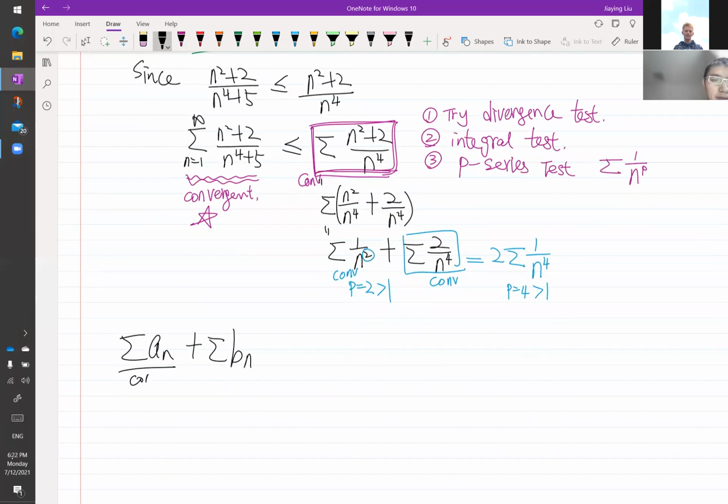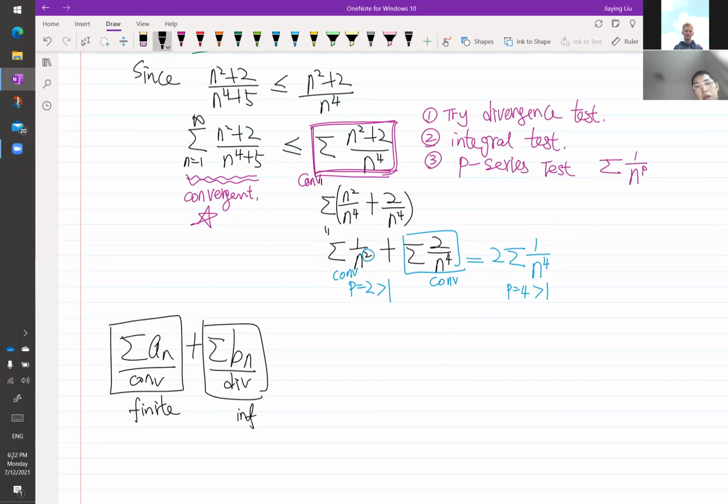Let's say this one is convergent, this one is divergent, which means that this sum is going to be finite. This sum is going to be infinite. Whether it's positive or negative, we don't know. It could be plus or minus for each one of them, it doesn't matter.